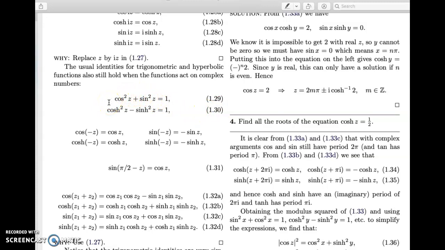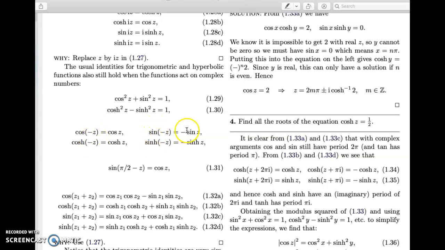So all of the usual identities that you know from real variables still work for complex variables. So cos squared plus sine squared is equal to 1. Cosh squared minus sinh squared is equal to 1. Cos is an even function, and it doesn't matter whether z is real or complex, it still works.